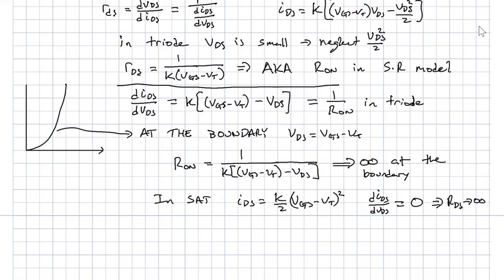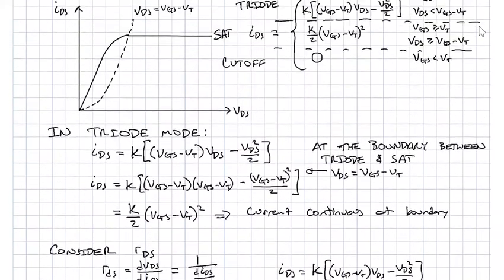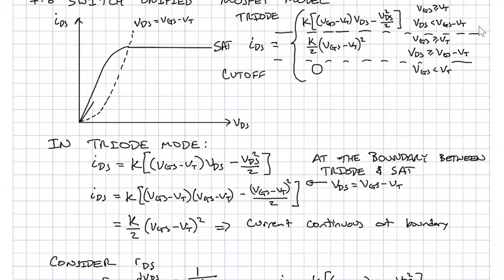Okay, so this is the last of these discussions of models, and definitely in the next lecture we're going to talk more about circuits and start building amplifier circuits using these models. I think it's comforting to know that there is a full unified model that can accurately predict these families of curves that we get for the MOSFET.